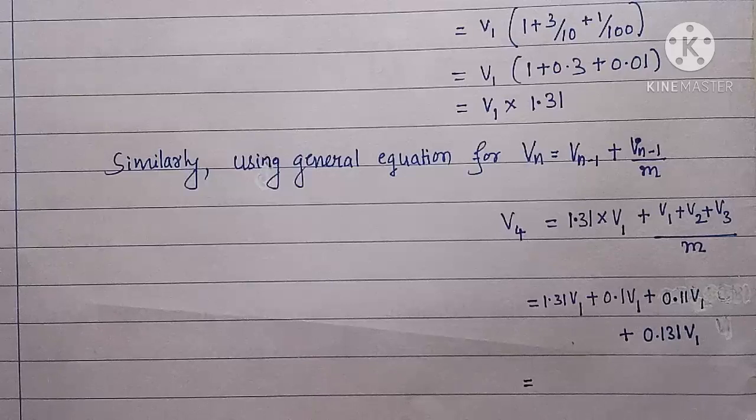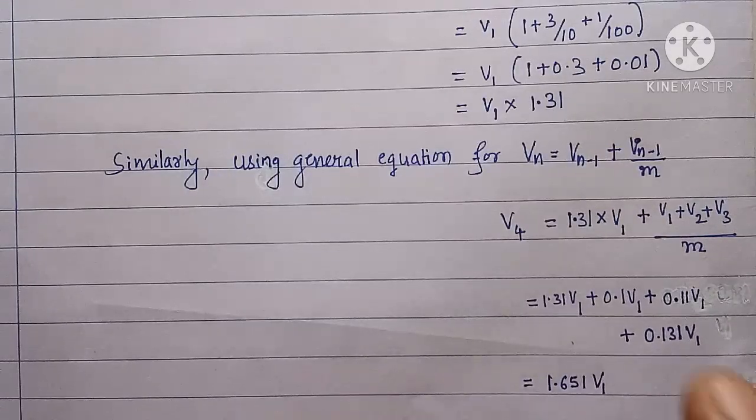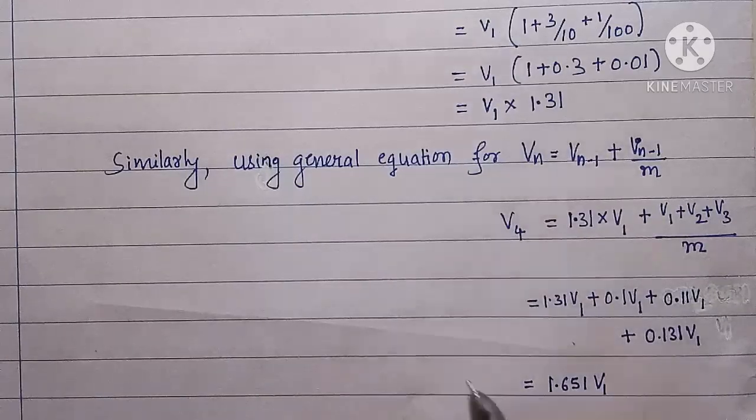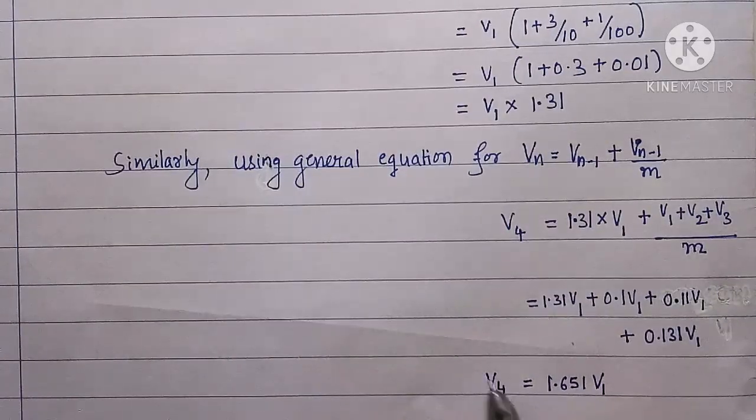Adding all these, we get 1.651 capital V1. This is V4.